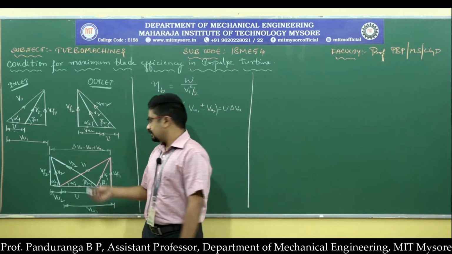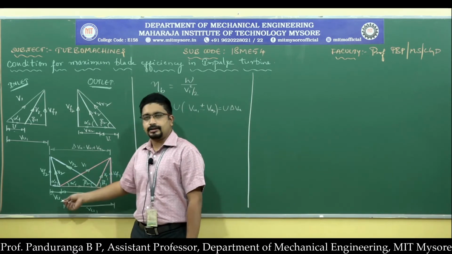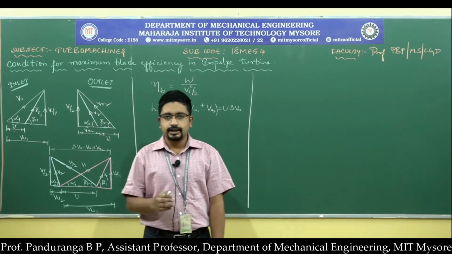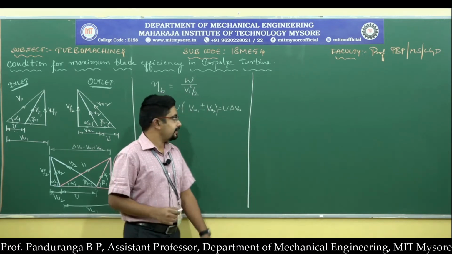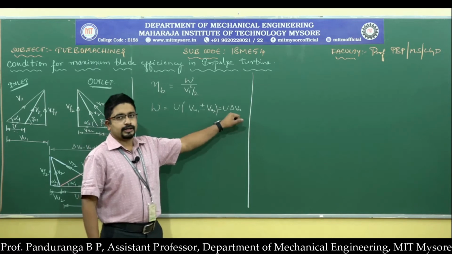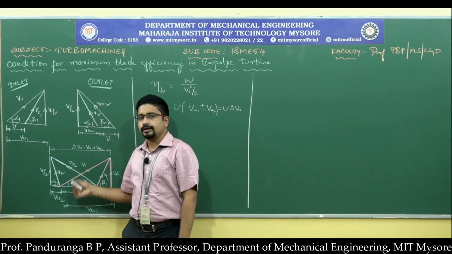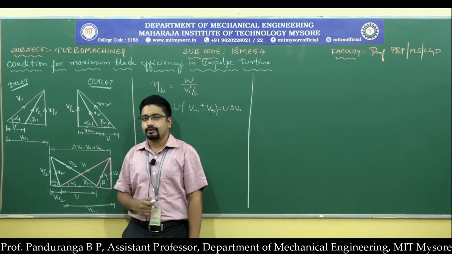Just after the nozzle we have the velocity V1 and the angle of the nozzle at the outlet will be alpha 1. So those conditions will be given.